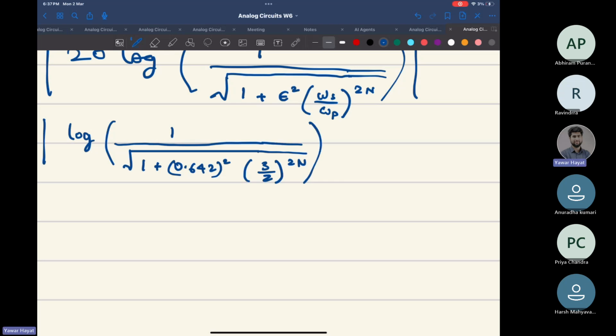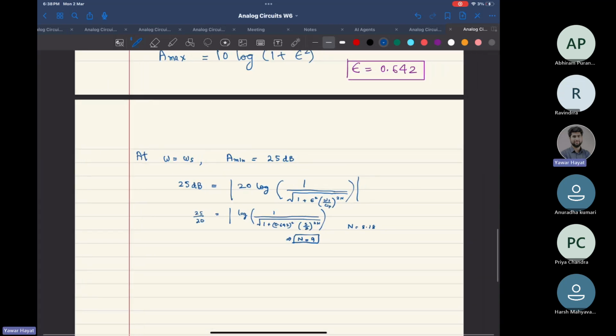Now, this would mean that your n is 8.18. You cannot have a fractional order of a filter, right? So, how much should we choose as the order? We'll choose it as 9, the immediate greatest integer. So, yeah, 9 is the answer.